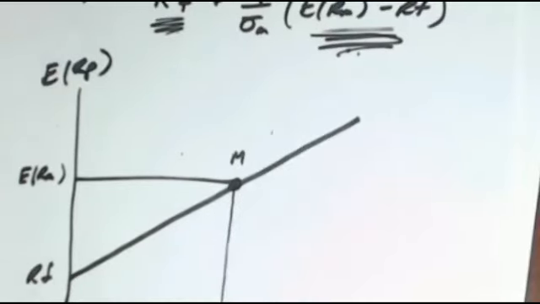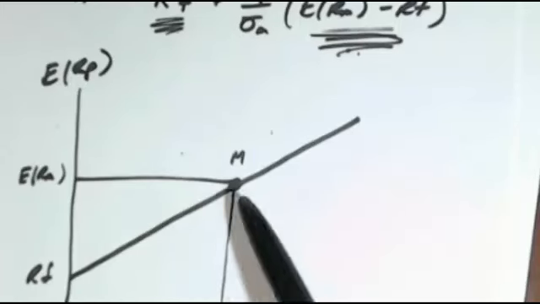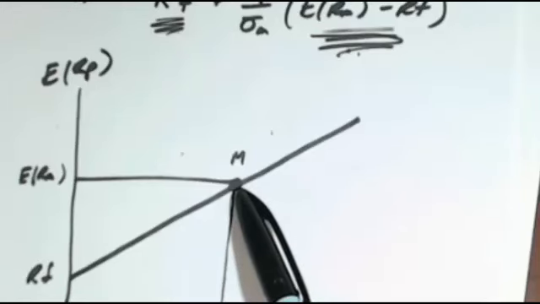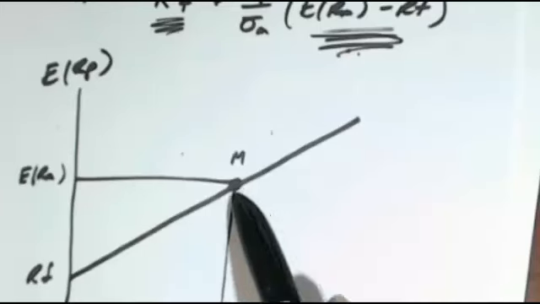The way to read this is, if we are happy with the risk that the market itself has, as an individual investor, then we could put all of our money in the market, and we'd be happy with it.